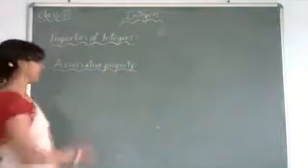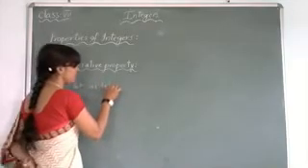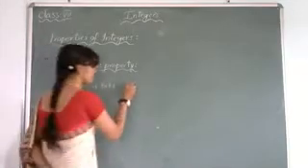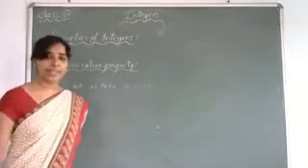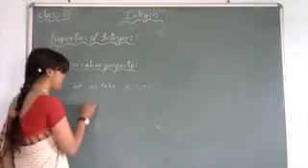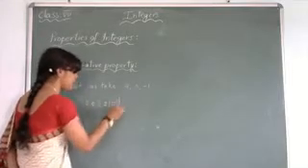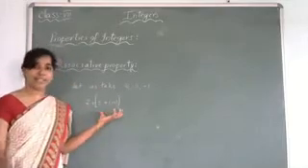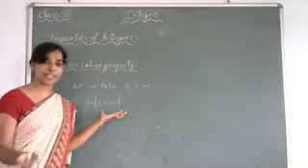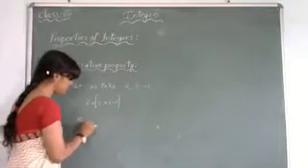So let us take any three integers: 2, 3 and minus 1. Now I will arrange these integers like this and add them, but I have kept a bracket for the last two integers. Whatever is kept in the bracket, we add first.